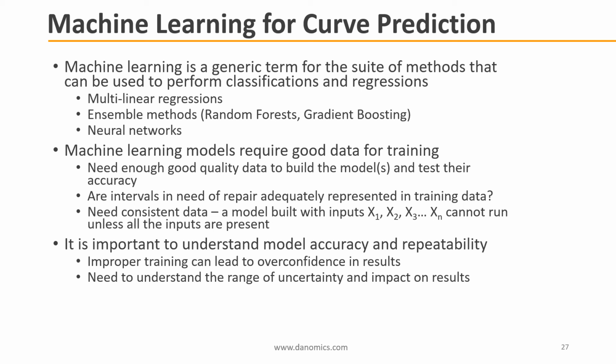And obviously, you need to think about model accuracy and repeatability. Remember, it's very possible to overtrain machine learning models to where you get very specific results that aren't broadly applicable. And you need to understand the range of uncertainty and the impact that'll then have downstream on your interpretation.